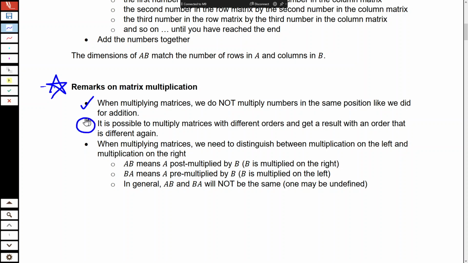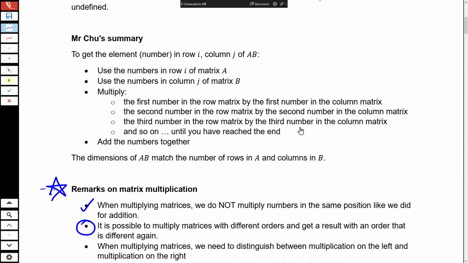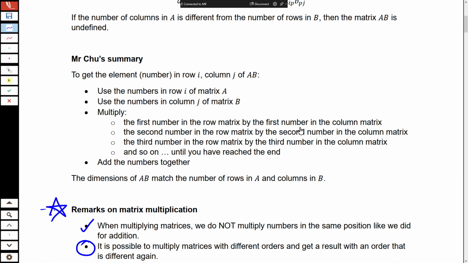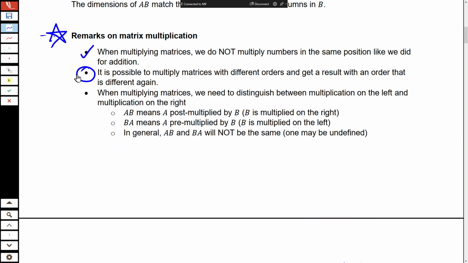Now, the second point is something that's worth saying. So, when can we multiply two matrices? I didn't make this clear enough, so please add this to your sheet.